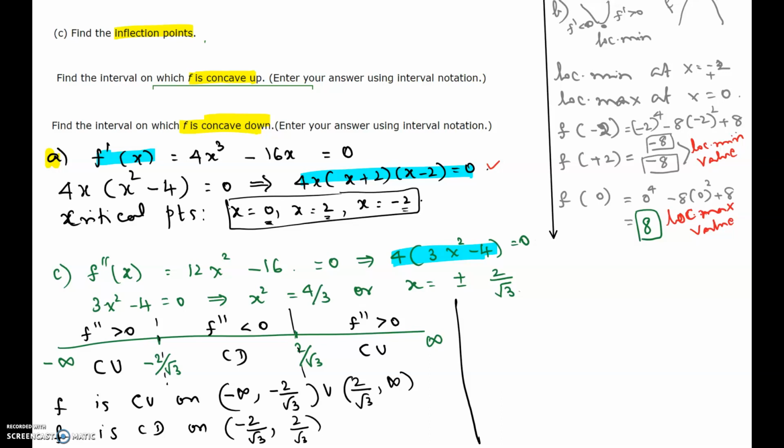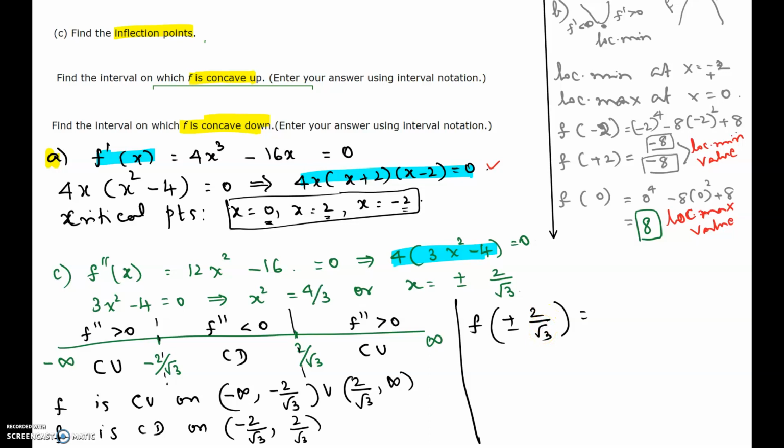So if you determine f of plus or minus 2 over radical 3, they will be the same, because if you look at the nature of the original function, it is an even function. So it has x to the power 4 and x squared. Whether you plug in plus 2 over radical 3 or negative 2 over radical 3, it's going to be the same.